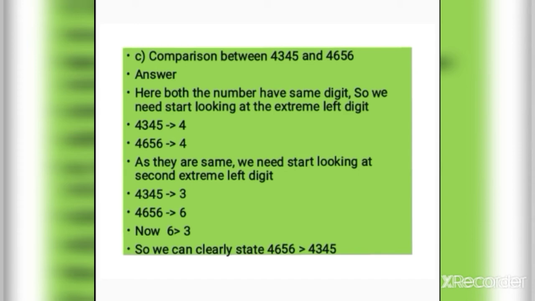So here we understood that if we need to compare numbers and they have the same number of digits, we will check the first digit on the left side. If the first digit on the extreme left is the same, then we will check the second digit on the left side.